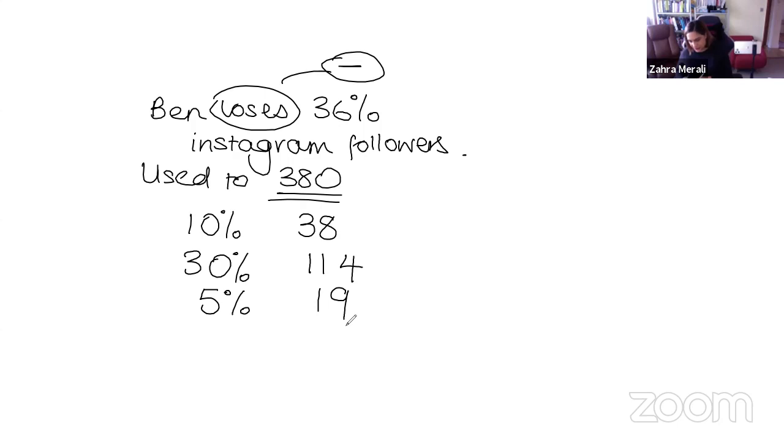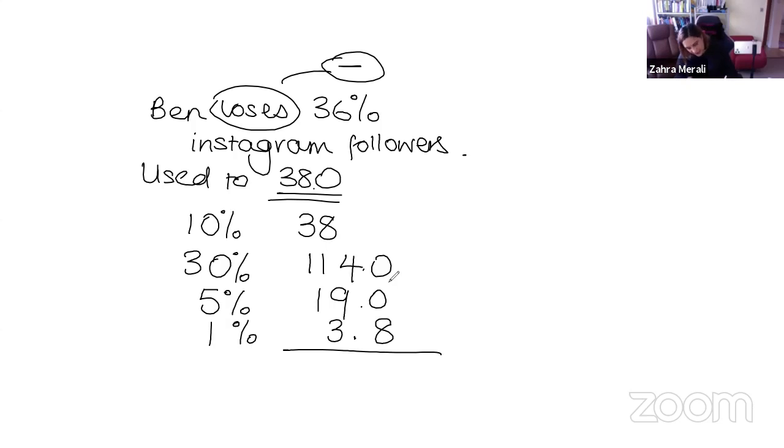So when we divide by 100, we're going to get 3.8. Now, because we're talking about followers, that doesn't make sense, so we'd have to round it to 4. But let's write it exactly as it is. So 1% will be 3.8. So you've got to have that sensibility check. And then we're going to add them all up.